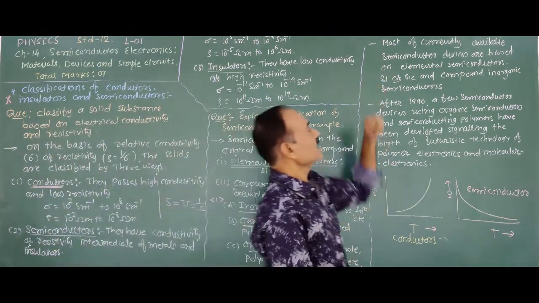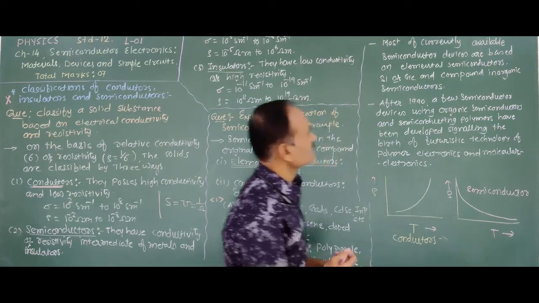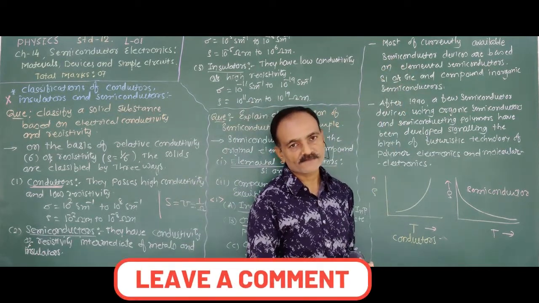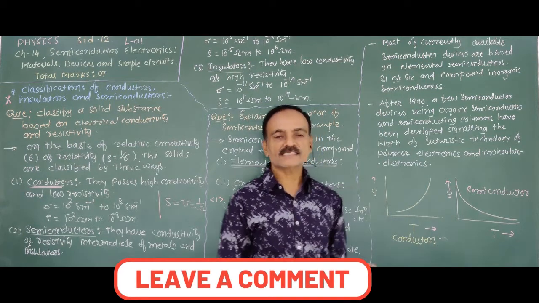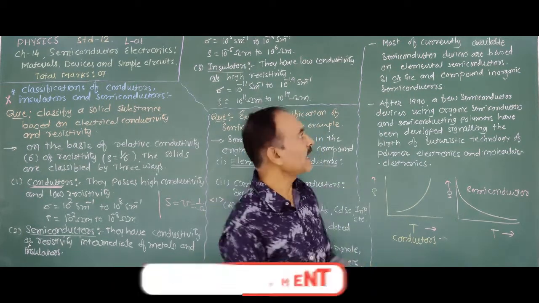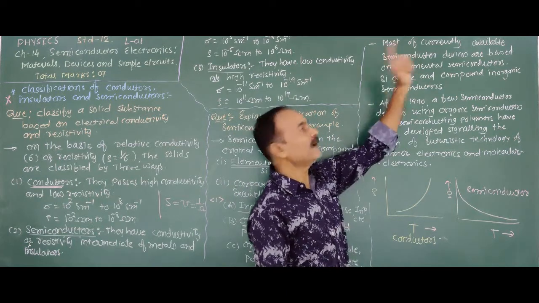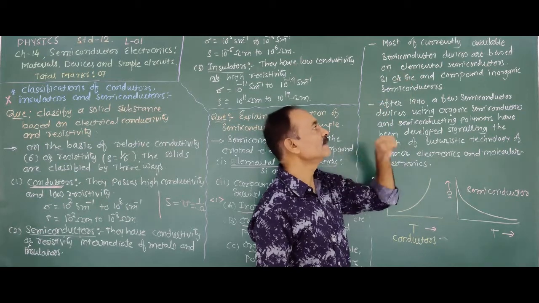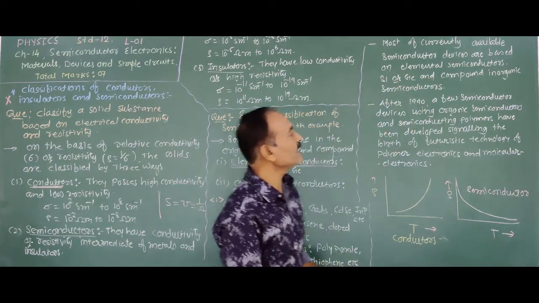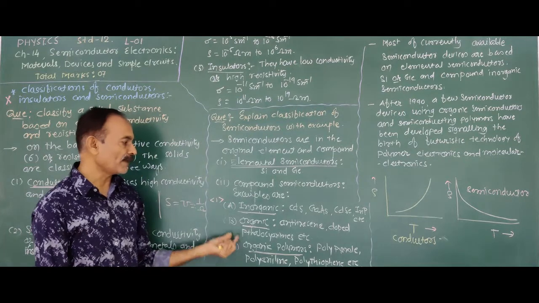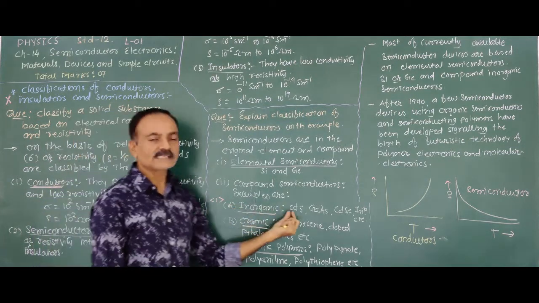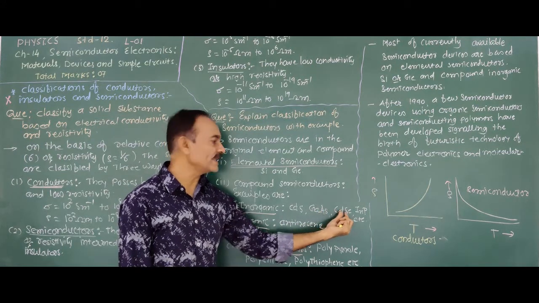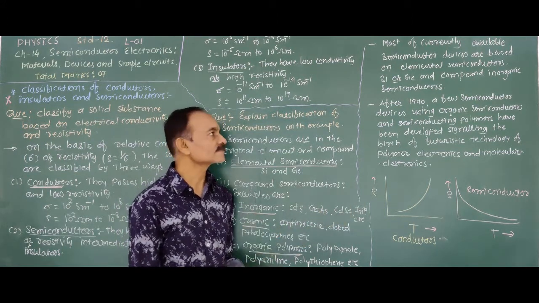Most of the currently available semiconductor devices are based on elemental semiconductors. What are the semiconductors used at present? They are made from elemental semiconductors, that means pure silicon and germanium, and also compound inorganic semiconductors, that means cadmium sulfide, gallium arsenide, cadmium selenide, and indium phosphide.